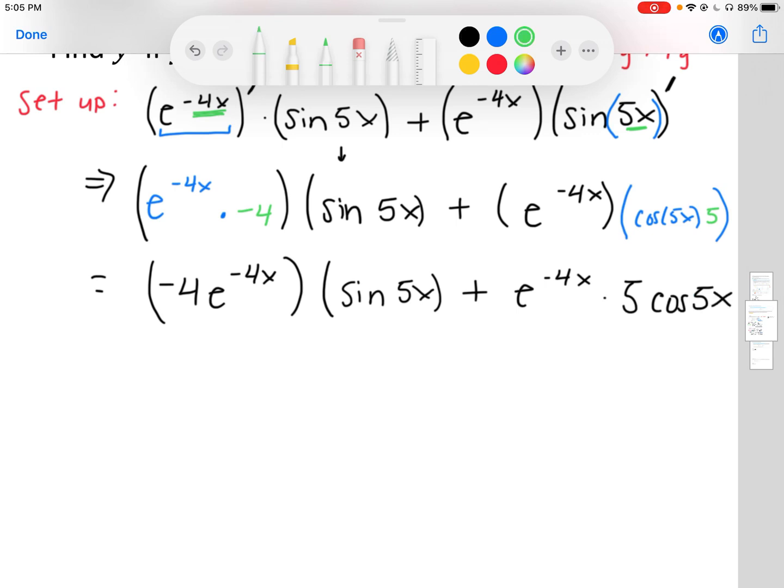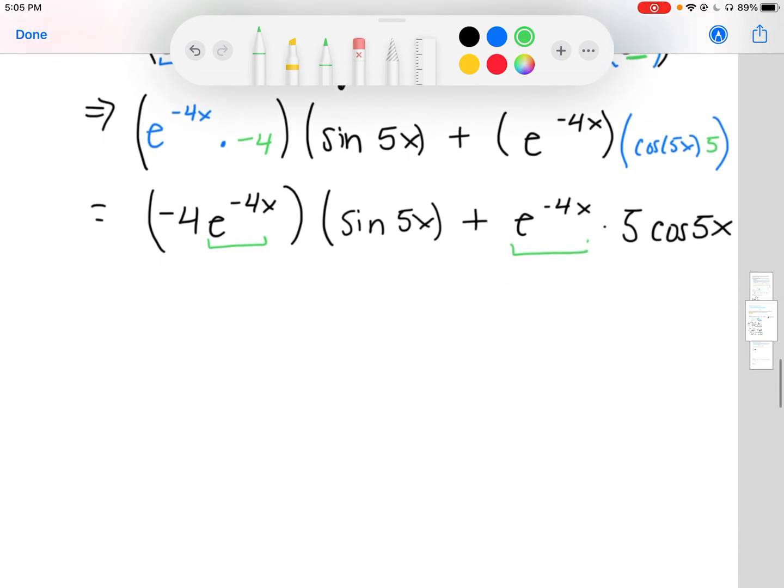Now, something we can do is factor out that e to negative 4x power that each one of these has. So that we have e raised to negative 4x times everything else. So negative 4 sine of 5x plus 5 cosine of 5x.